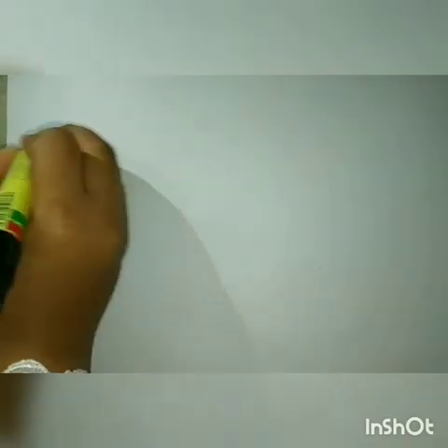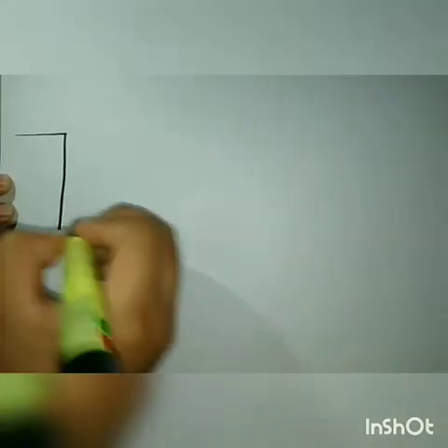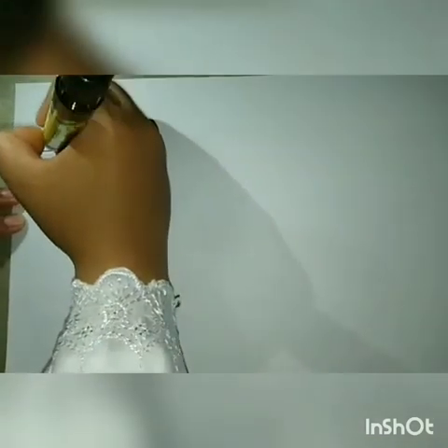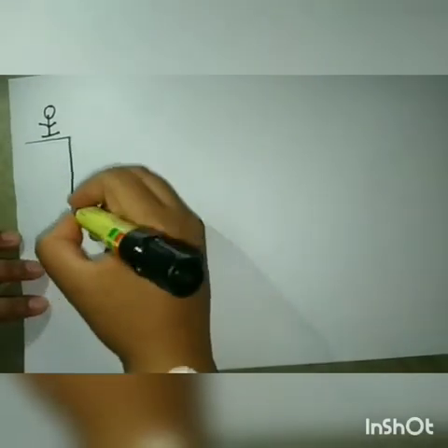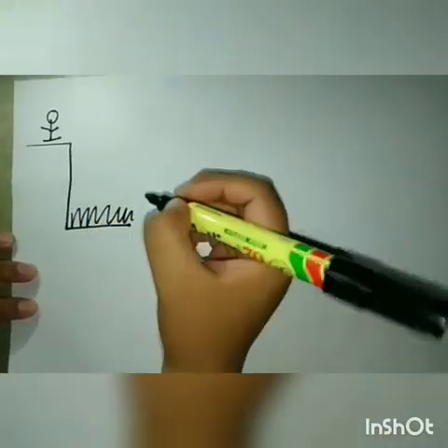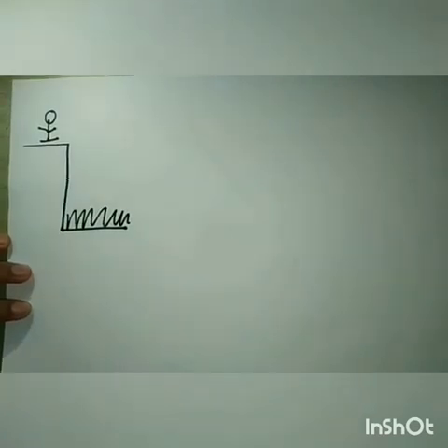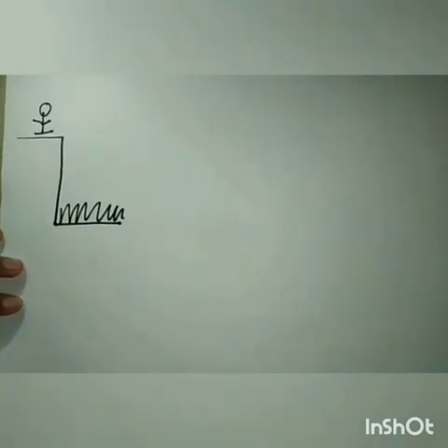First, we need to sketch the diagram to understand what the question wants. Okay, so this is the diver and this is the water. First we need to identify the information given in the question.